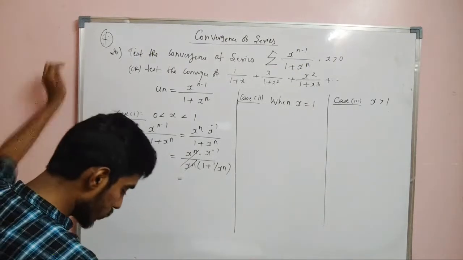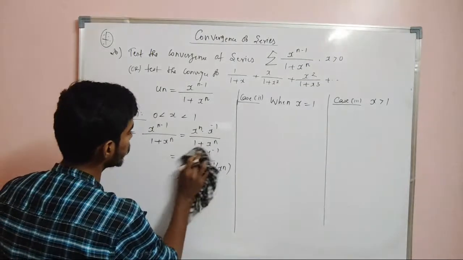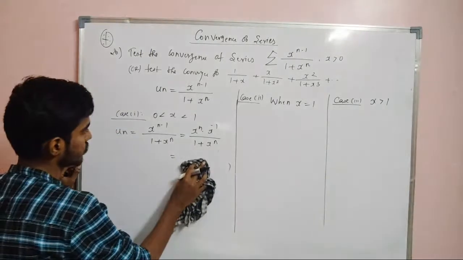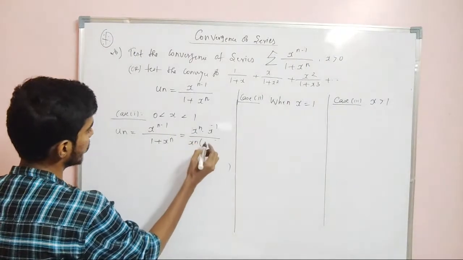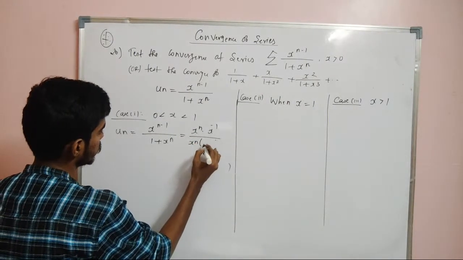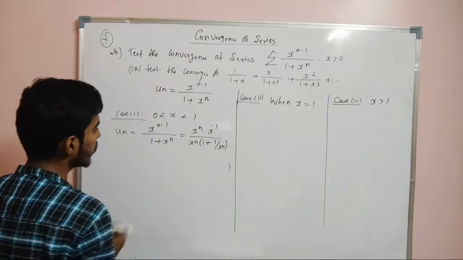Okay, what we will do is we need to check the convergence, right? So we will not cancel. Now just take x power n outside, so it will be 1 plus 1 by x power n.